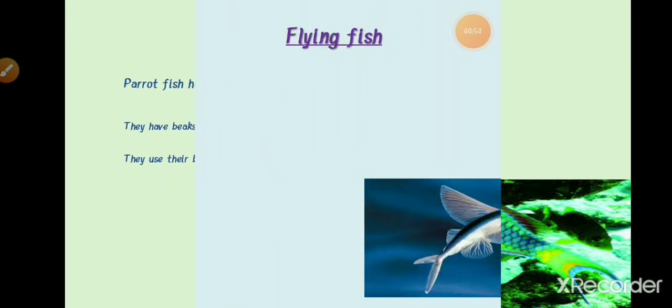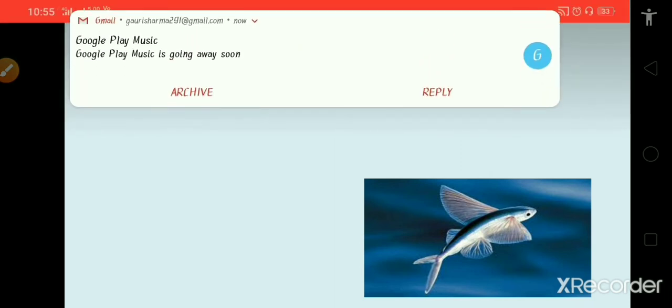Now here is one more fish, and you can see it has wings like birds. As birds have wings, the same as this fish also has. So its name is flying fish, and it can fly. Generally we see fins, but its fins look like wings, so it is called flying fish.